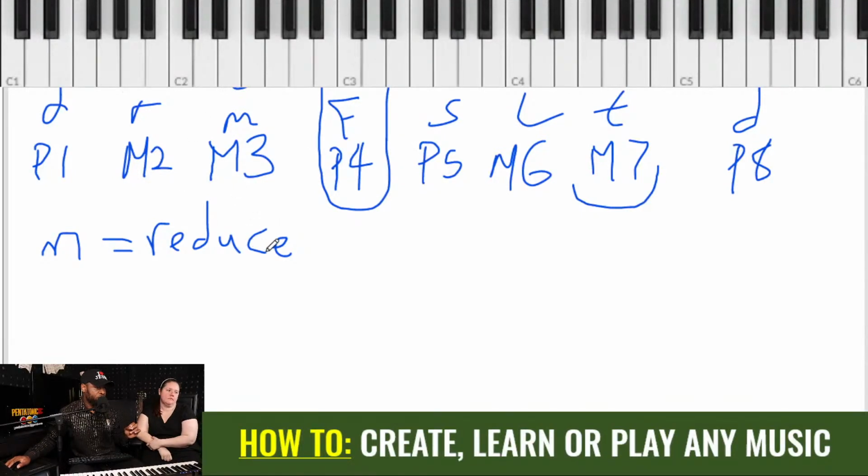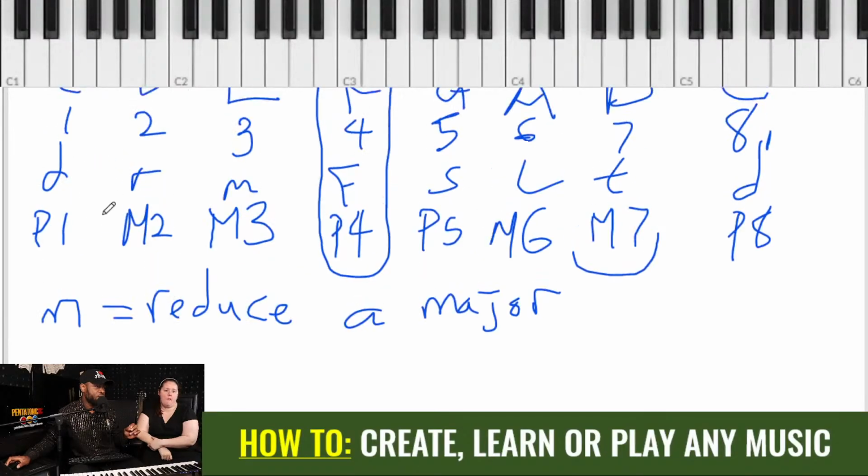It simply means if you know where your major second is, just reduce it by a semitone, then you get the minor. So for instance, what is the minor second of B flat?